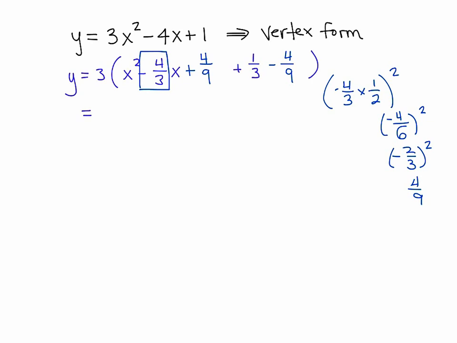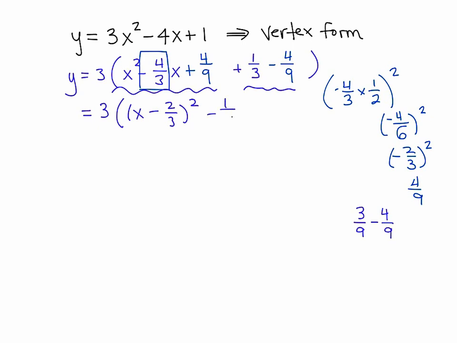Then we're going to factor out as (x minus 2 over 3) squared. Simplify the last two. We have the common denominator of 9. So the first fraction is 3 over 9 minus 4 over 9 makes it negative 1 over 9. The common mistake that students make is that this number 3 is still factored out.